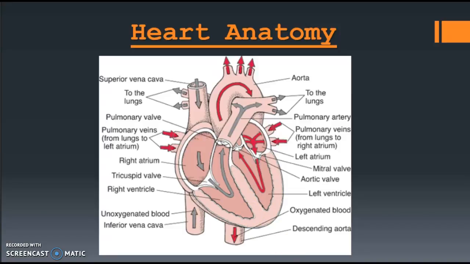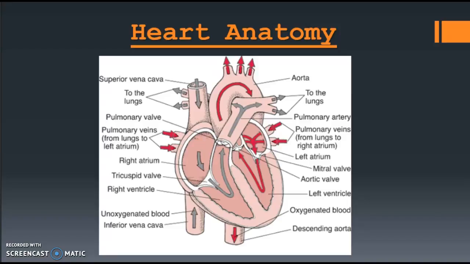And the atria are smaller than the ventricles and have thinner and less muscular walls than the ventricles. And the atria act as receiving chambers for the blood, so they are connected to the veins that carry the blood to the heart. And the ventricles are larger and stronger pumping chambers that send blood out of the heart, and the ventricles are connected to the arteries that carry the blood away from the heart.